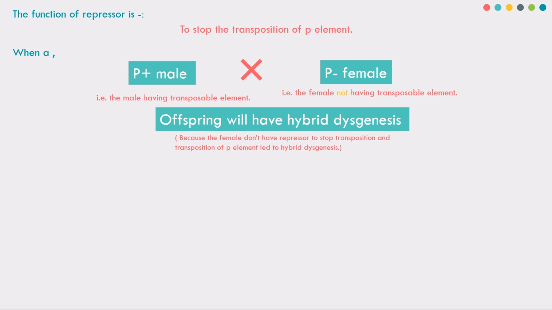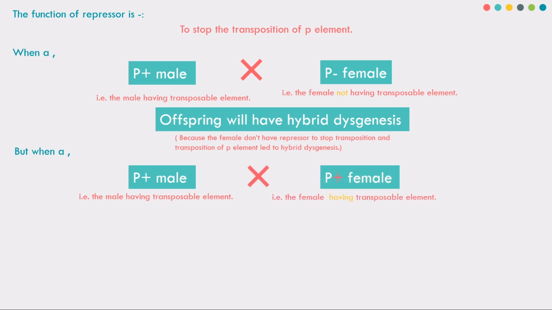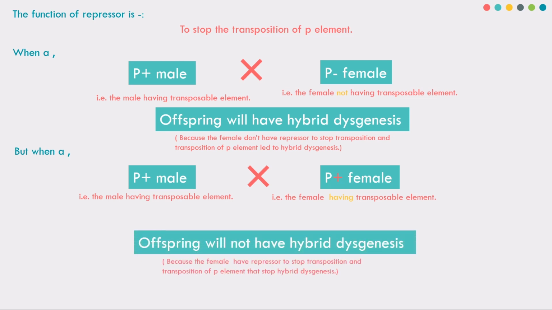However, when a P plus male is fertilized with a P plus female, the female having the transposable element, the offspring will not have hybrid dysgenesis because the female has the repressor to stop the transposition, and stopping the transposition of the P element prevents hybrid dysgenesis.